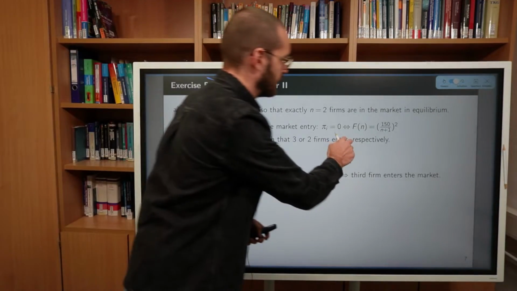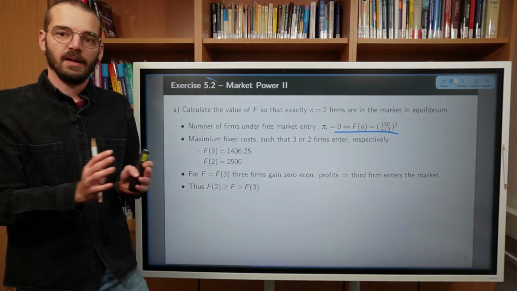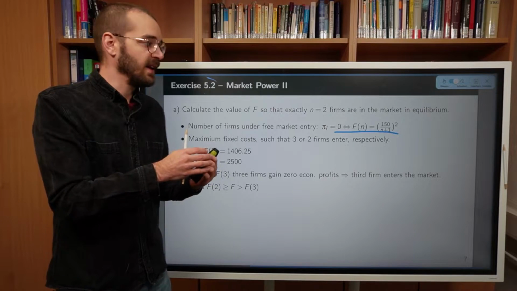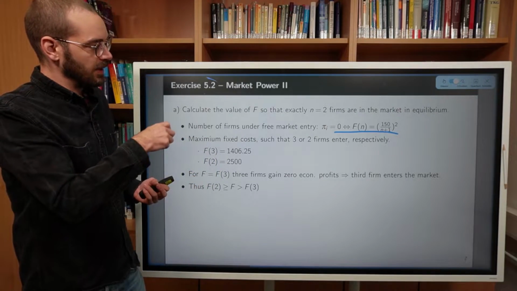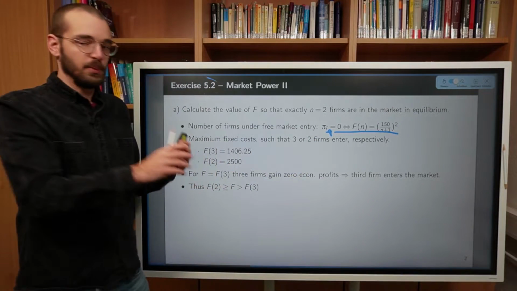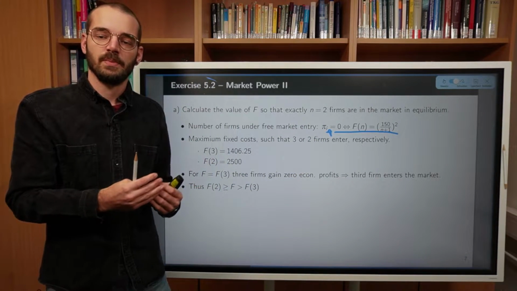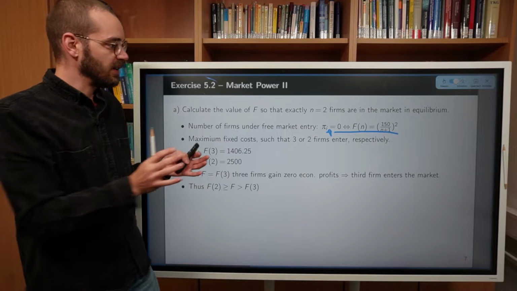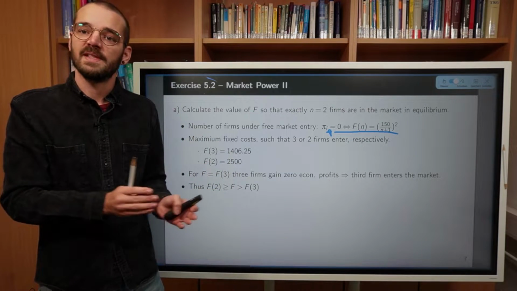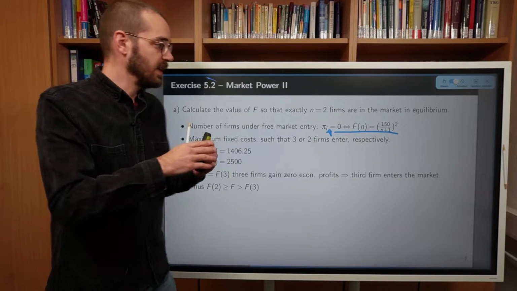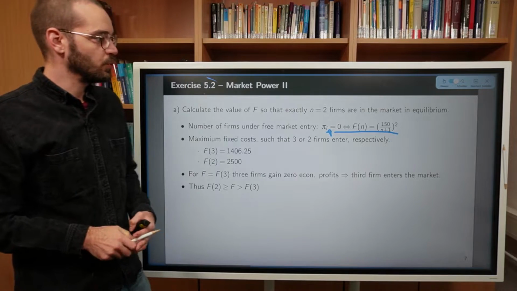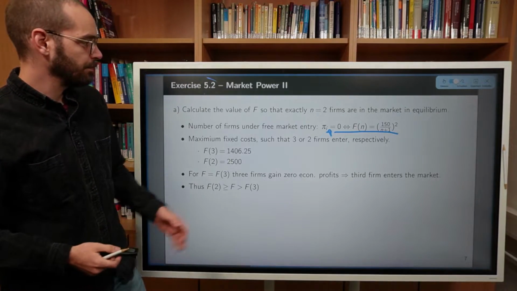Simply by getting F on one side, we can rearrange the condition pi_i equals 0 to yield F as a function of the number of firms n, which is equal to 150 divided by n plus 1, all squared.